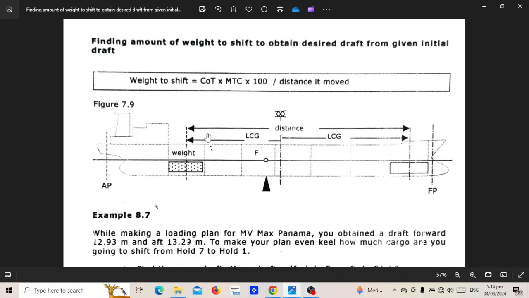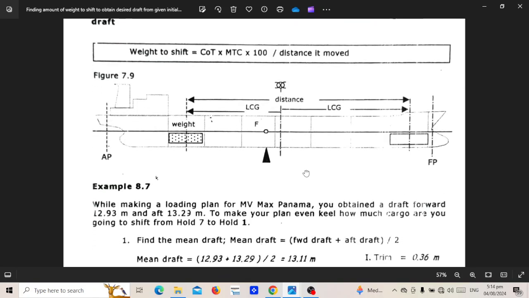So what would be the distance from hold number 7 to hold number 1? And the weight, we're going to take some weight here and shift it to hold number 1 so that when we put the cargo here in hold number 1, she will be even keel. She will have zero trim.